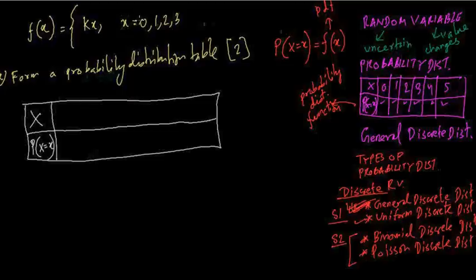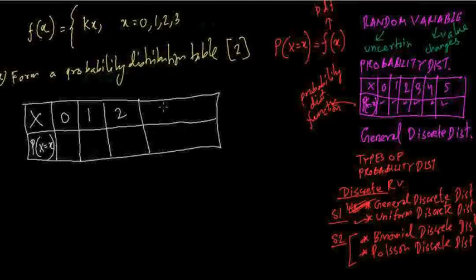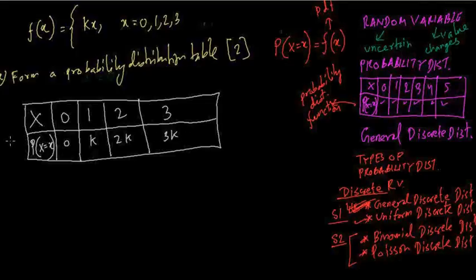So the values of the random variable are 0, 1, 2 and 3. Now if x equals 0, f(x) is k into 0, so this would be 0. If x equals 1, f(x) is k into 1, this would be k, this would be 2k and this would be 3k. So this is the table, and you can notice that the table is in terms of k.